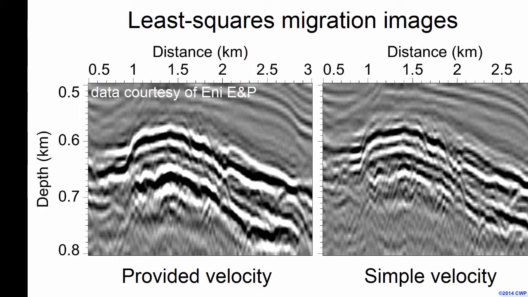In comparison, the image on the right was computed using what I'm calling the simple velocity, which in fact is a laterally invariant velocity model, so a simple V of z model. And so we can safely assume here that the provided velocity is more accurate than my simple velocity, and therefore that the structures that we see on the image on the left are more representative of the true subsurface as opposed to the structures we see on the image on the right.